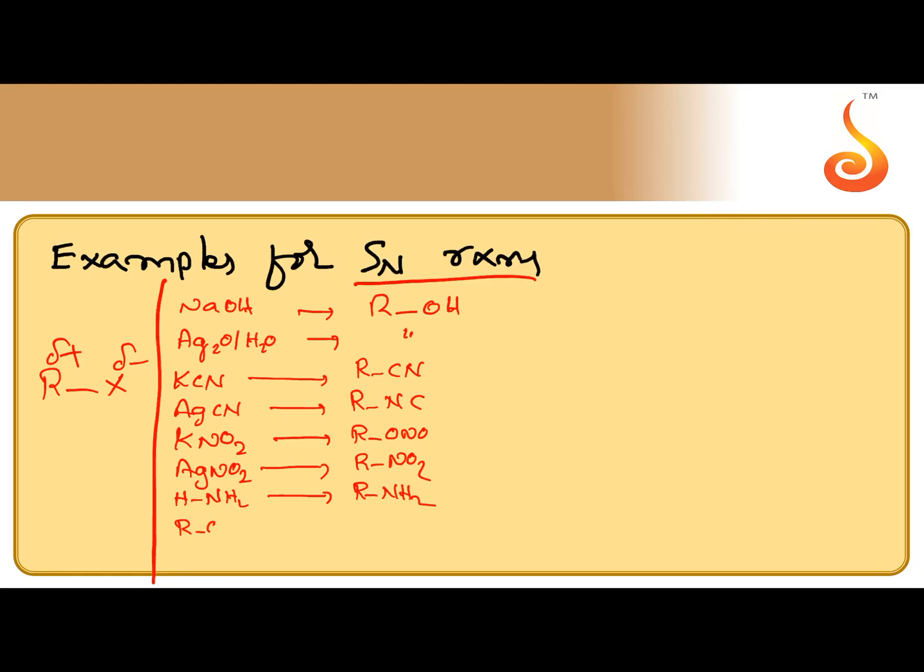If it is sodium alkoxide, ether is the product. If it is lithium aluminum hydride, H minus is the attacking nucleophile, and alkane is the product. So like this, many examples are there which are given in the textbook. You must go through them.